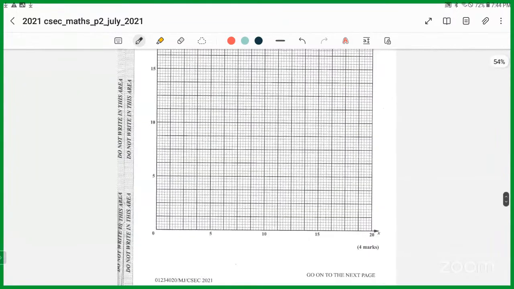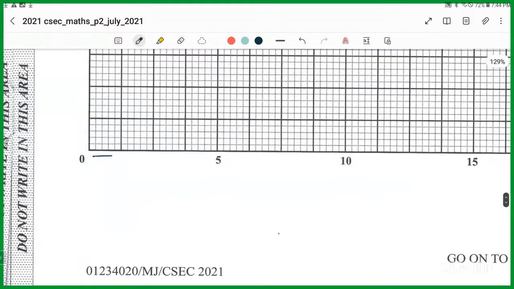Now the question is, what would each of these mean? Each of these would basically be 5 divided by 4, because this is an interval of 5, and there are 4 of these spaces. So each of these would be 5 over 4, which is 1.25.